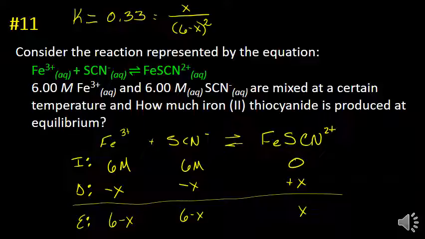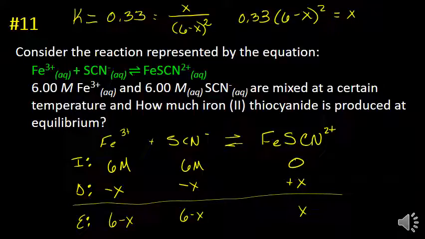So the first thing I'm going to do is rewrite the equation so that I have 0.33 multiplied by (6 minus X) squared equals X. The second thing you need to know about your solver is it's already set equal to 0.